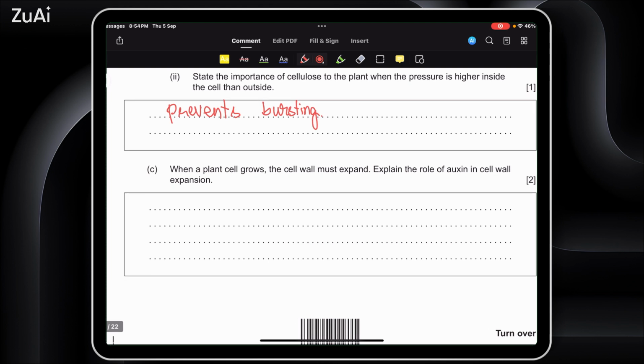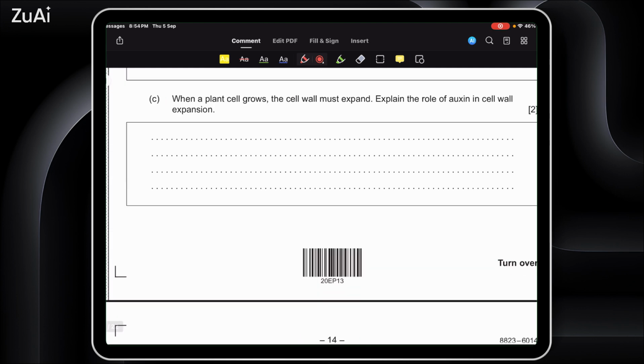When a plant cell grows, the cell wall must expand. Explain the role of oxygen in cell wall expansion.